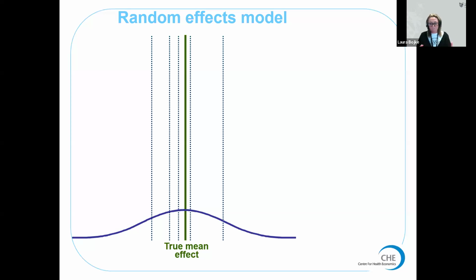And therefore, the combined effect cannot just represent one common effect, but instead it represents the mean of the population of true effects. So it's the mean of that distribution of individual study level treatment effects that have been estimated.